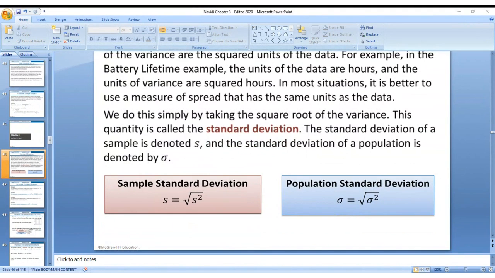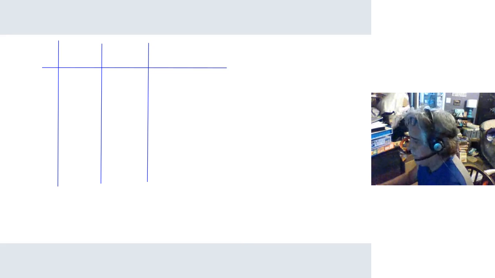For the population or the sample, the standard deviation is just the square root of the variance. So let's go back and take the square root of that number that we had, and show how easy that is to do. Let's go to the board.